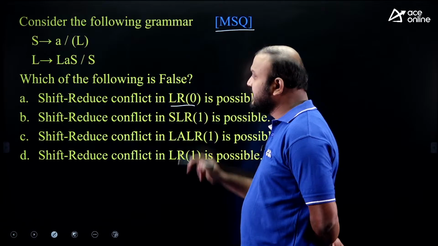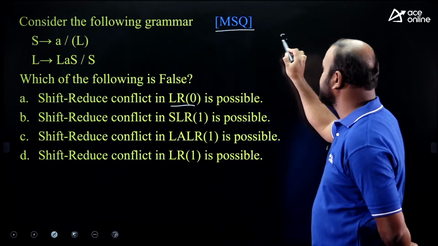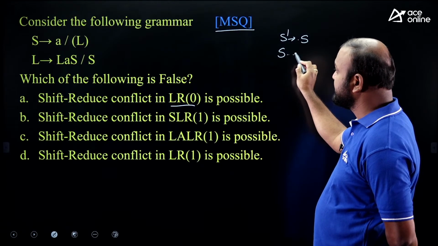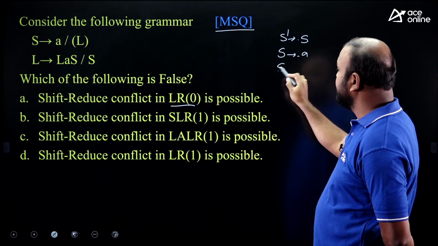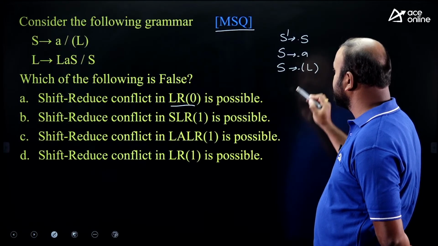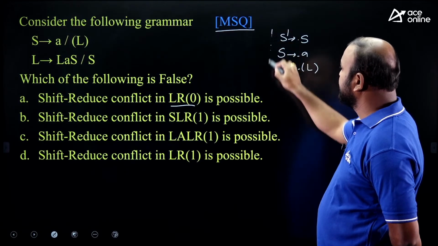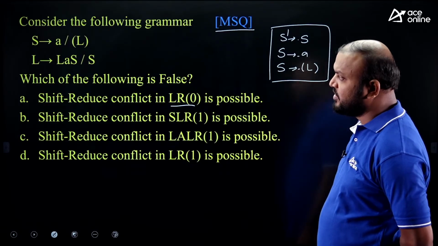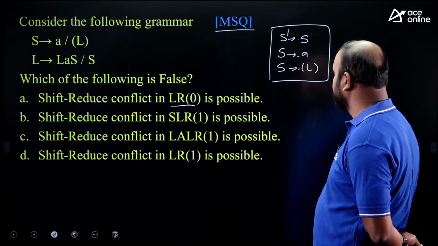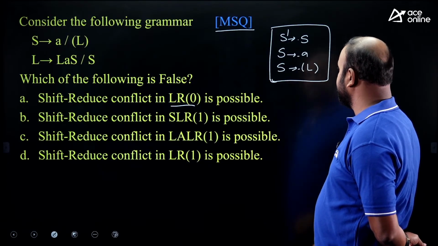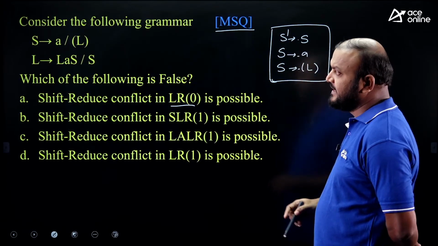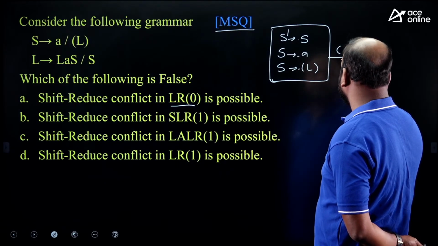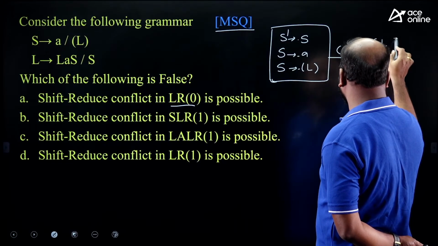So let us start with LR(0). We'll start with S' tends to dot S, and with S, we have S productions: dot A, S tends to dot open, L close. And you don't get L productions in the first state because we don't have dot L there. So no conflicts. With S, one item possible, with A, one item possible, with open parenthesis, S tends to open dot L close.